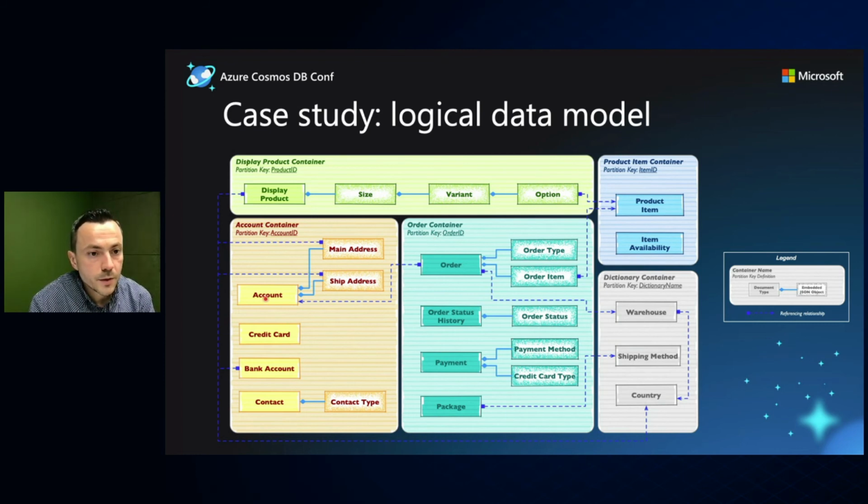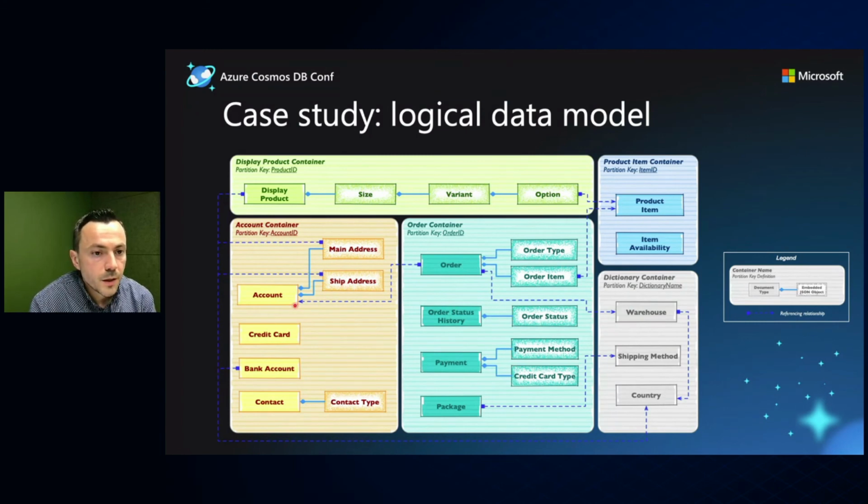Inside each container, you can see a list of different document types, like account, credit card, bank account, and contact. All of them are just different JSON documents which share the same partition key. And I use this particular notation to show that these parts of the entities are embedded JSON documents.